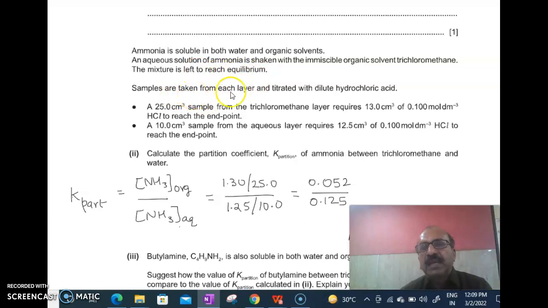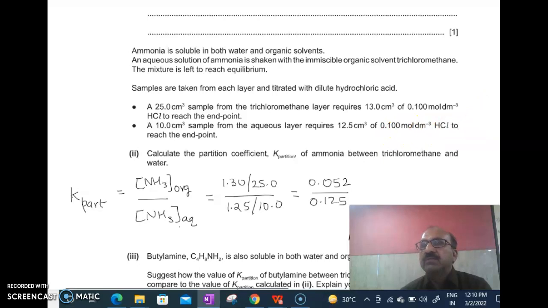Samples are taken from each layer and titrated with dilute hydrochloric acid. You take a 25 cm cube sample from the organic layer and titrate it with hydrochloric acid. Similarly, you take 10 cm cube of the sample from the aqueous layer and titrate it with hydrochloric acid, whose concentration is known: 0.100 mole per dm cube.